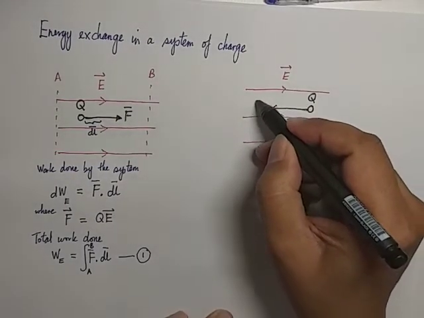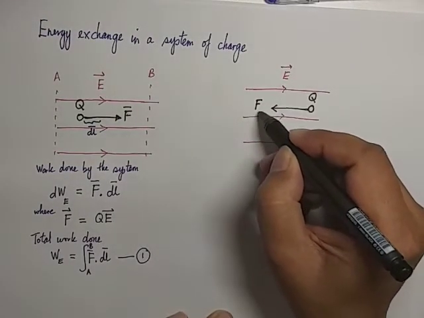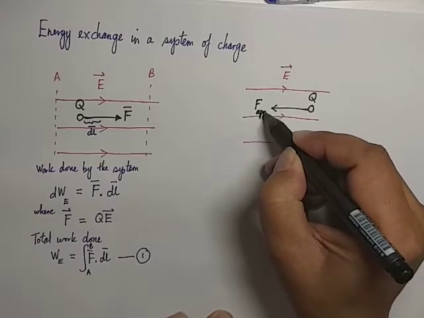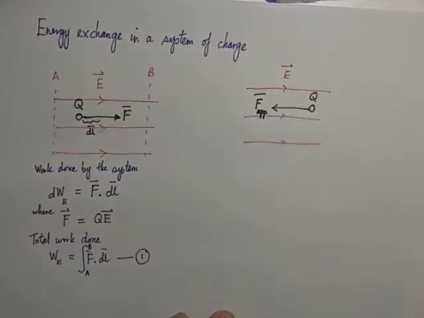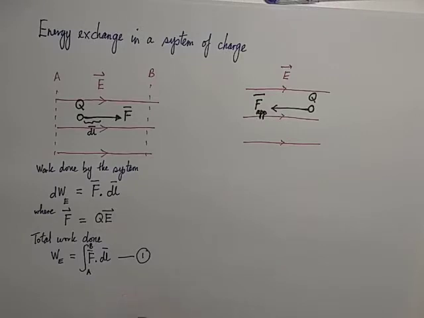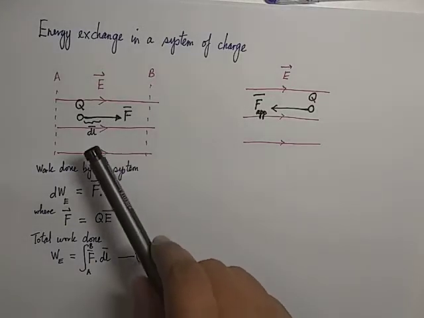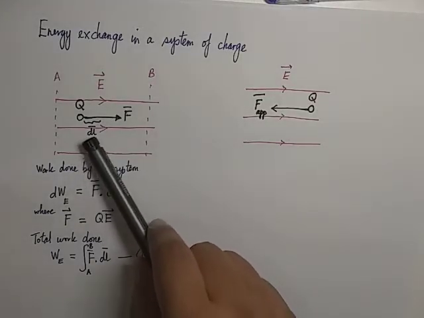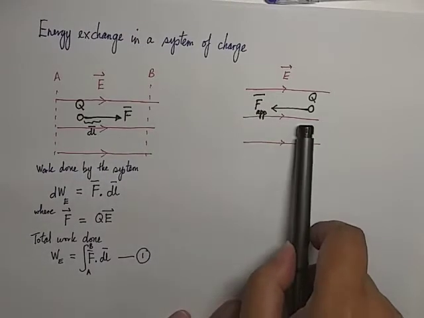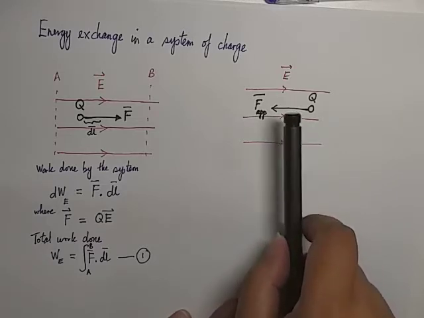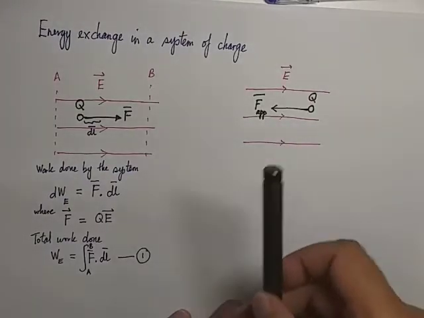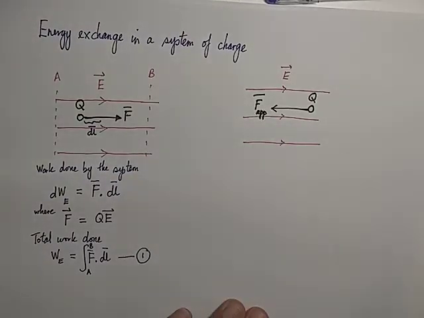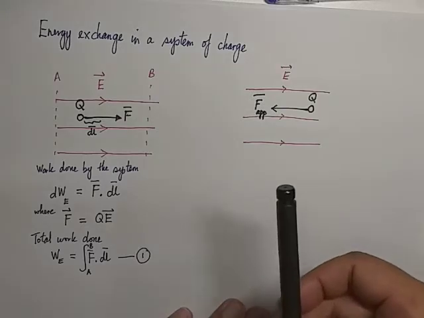We call it F, force applied. You can see the difference here on the left. The charge moved by itself automatically. On the right, the charge is being moved by us. And the worst case scenario is that the direction of the movement will be directly opposite the electric field. So that's the maximum energy that we have to spend in moving the point charge.